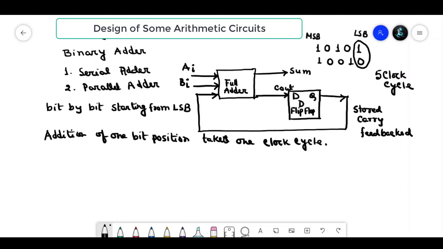As in the example I have given, the number of bits is 5, so 5 clock cycles are needed. So if I want to add n-bit numbers, then n clock cycles are needed.